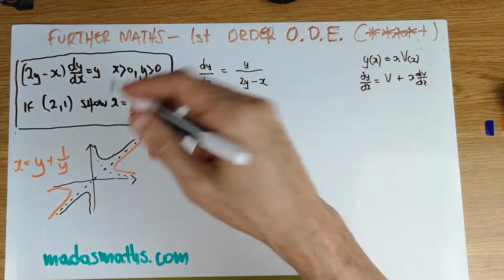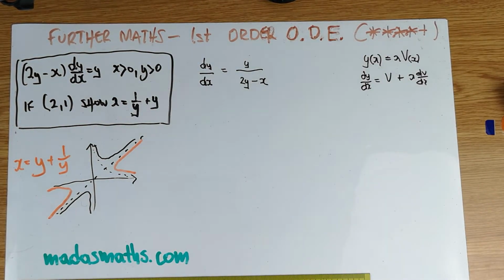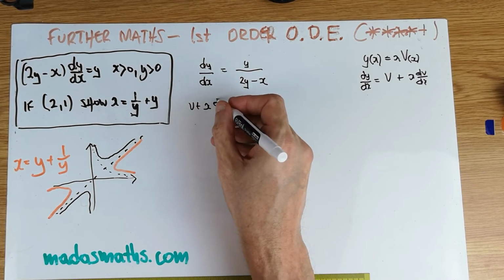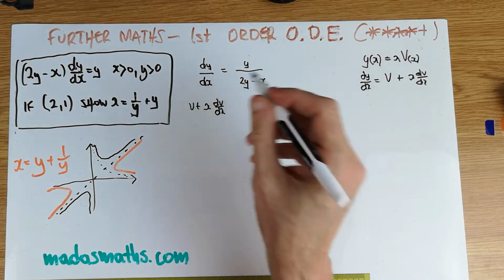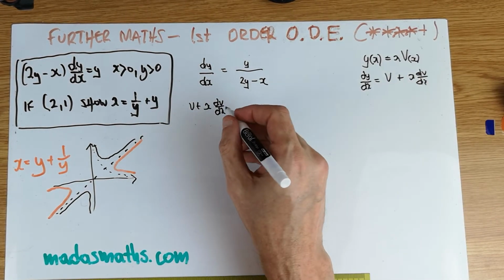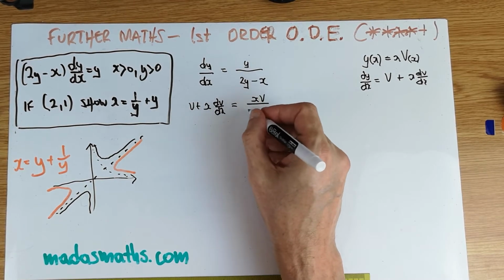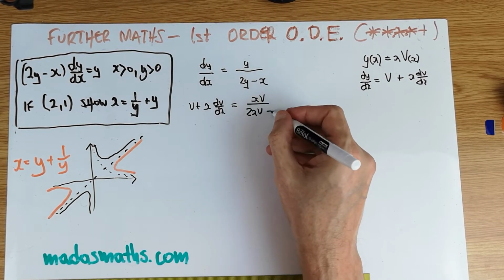I'm not going to change the boundary conditions, I'm going to move it back at the end. So we have v plus x dv dx, that's this bit here, is equal to y is xv over 2xv minus x.